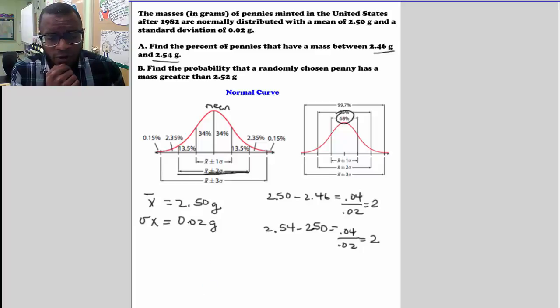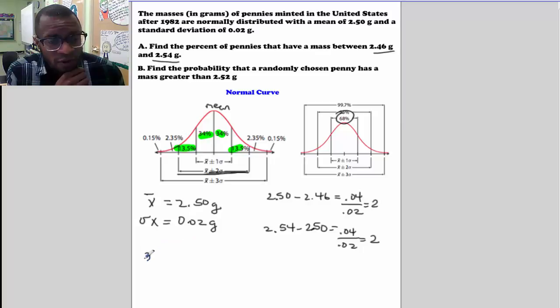Okay, so what we want to do is add up all of the percentages in those areas, which would be 13.5, 34, 34, and 13.5. When we do that, let's go back to our pen, 13 and a half and 13 and a half is 27.